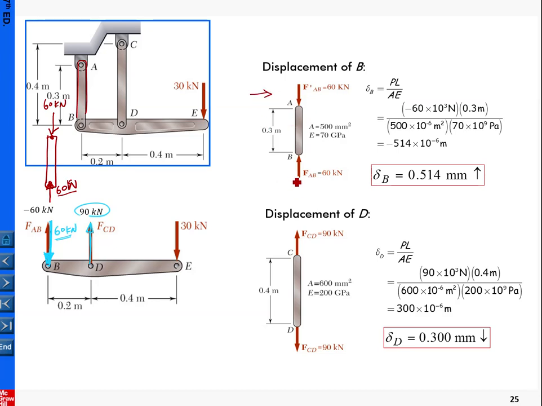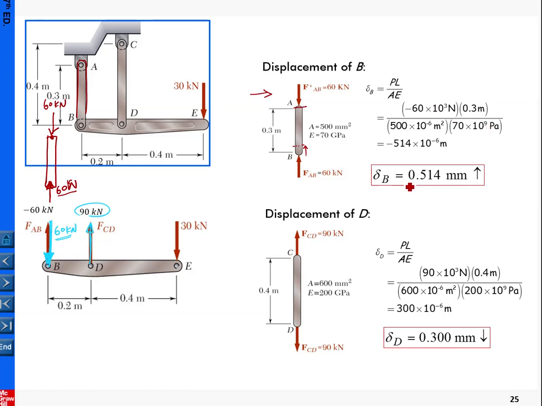Under these situations, we can determine the deformation of, say, point B. Because A is fixed, the deformation will bring B to here, so that is the displacement of point B, and that is calculated by PL over EA. You simply plug in P, here 60 kilonewtons, and L and EA from the geometry information here.